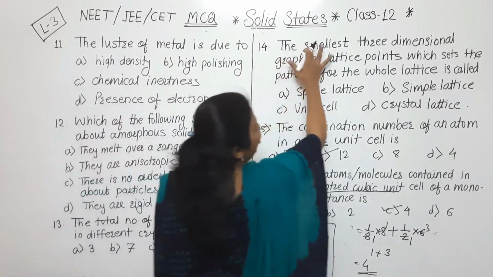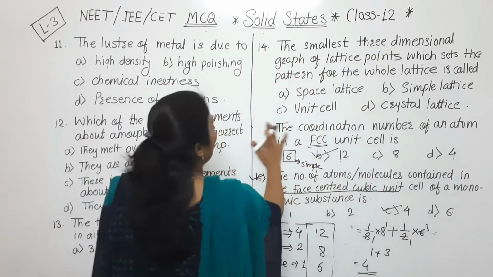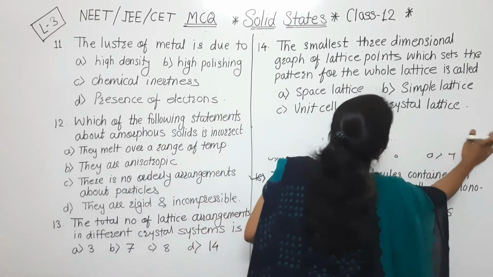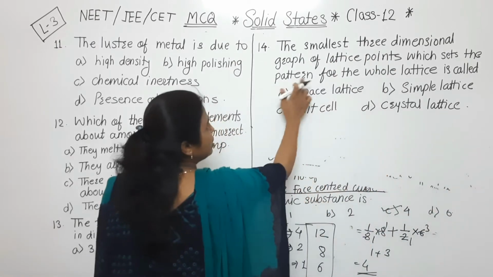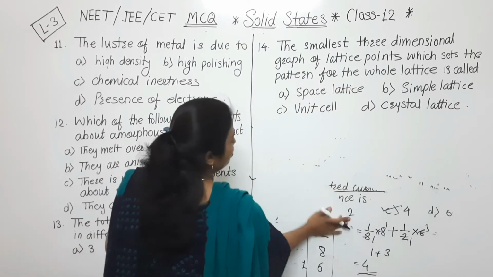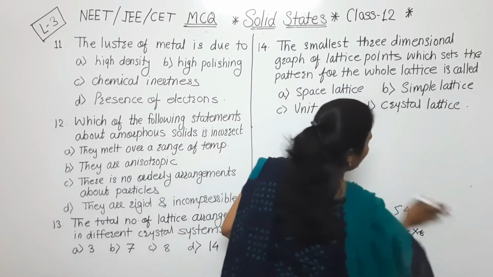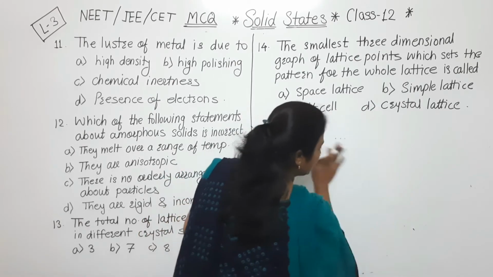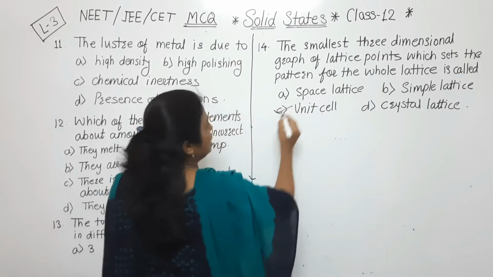Next one, the smallest 3-dimensional graph of lattice points which sets the pattern for the whole lattice. If we consider this statement, this is the definition of the unit cell. So simply here we can directly write unit cell as the answer.